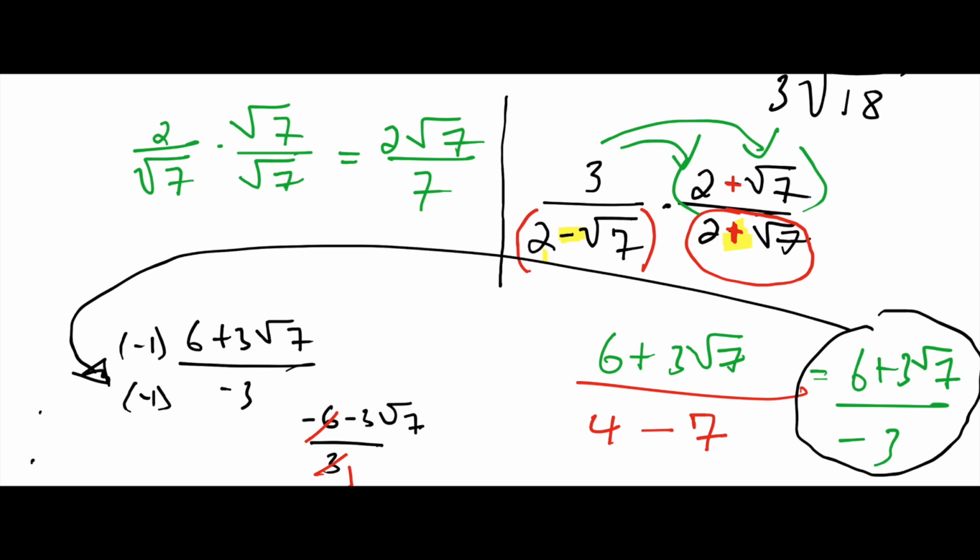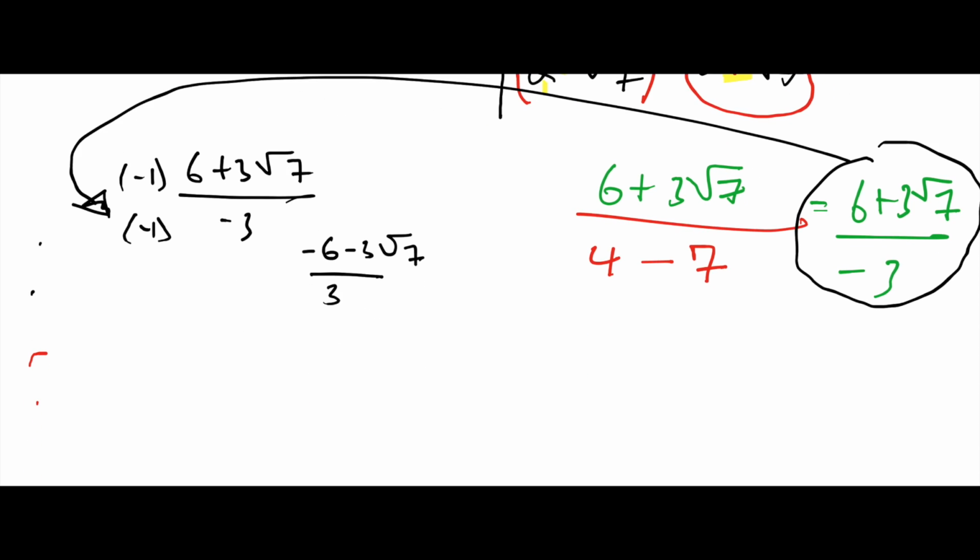The other way of doing it, which is a little safer, is splitting your fraction. So that's negative 6 over 3 minus 3 root 7 over 3. And this 3 is the same as this 3 and the same as this 3. Now you can just reduce it like normal. 3 goes into itself once, 3 goes into 6 two times, and these guys wipe each other out, and you end up with 1s down below.